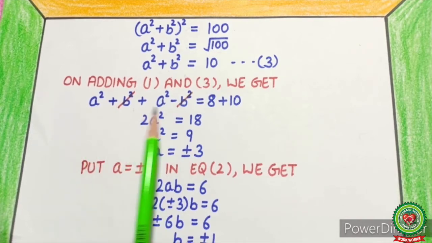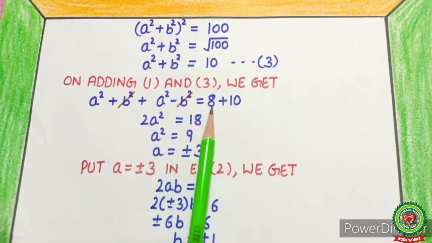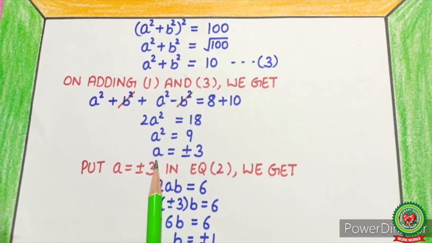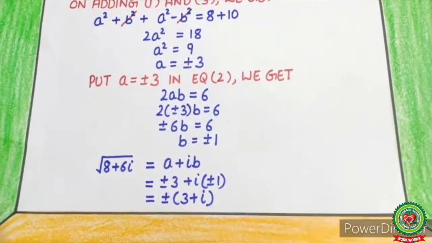Now a square plus a square is equal to 2a square, which is equal to 18. So the value of a is plus minus 3. Now put this value in equation 2. Our second equation is 2ab equals 6. After filling the value and solving this equation, we get b equals plus minus 1.